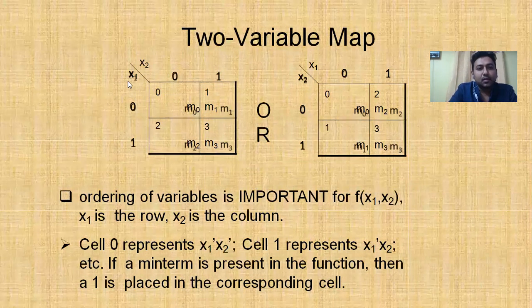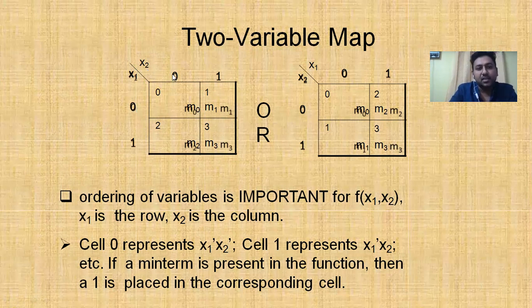Here first there are two variables, x1 and x2. x1 has 0 and 1. One variable may be only two types. In digital electronics, it may be 0, it may be 1, it may be high or it may be low. So x is equal to 0, x is equal to 1.